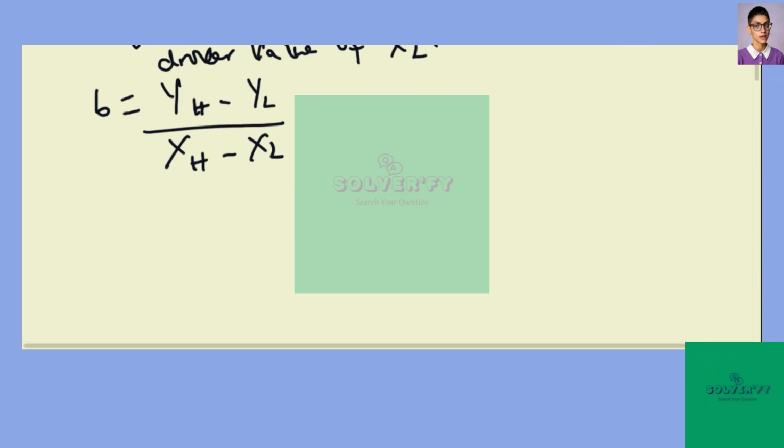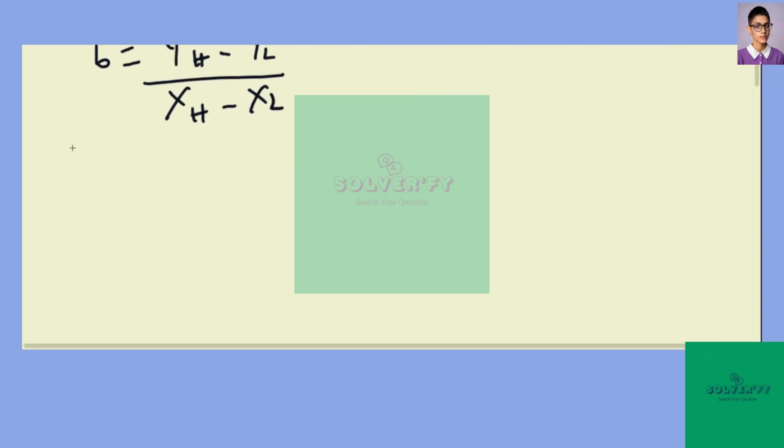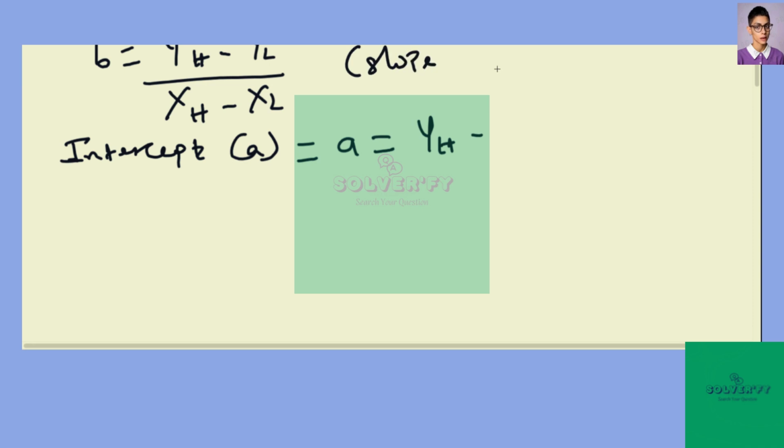So the intercept a under the high-low method would be a equals YH minus b multiplied by XH, where b is the slope coefficient and a is the intercept.